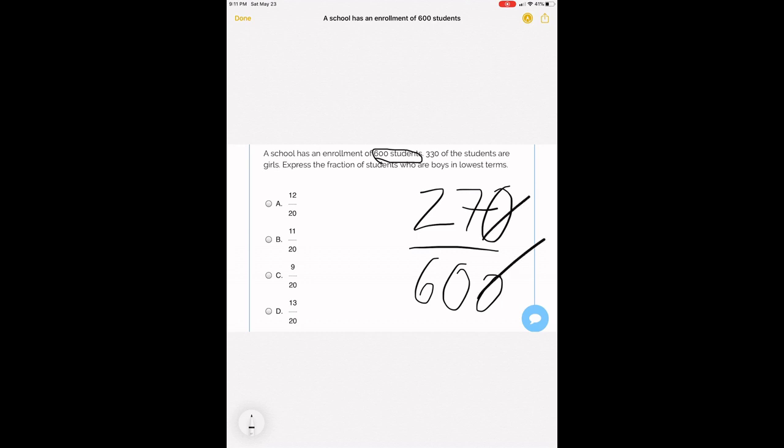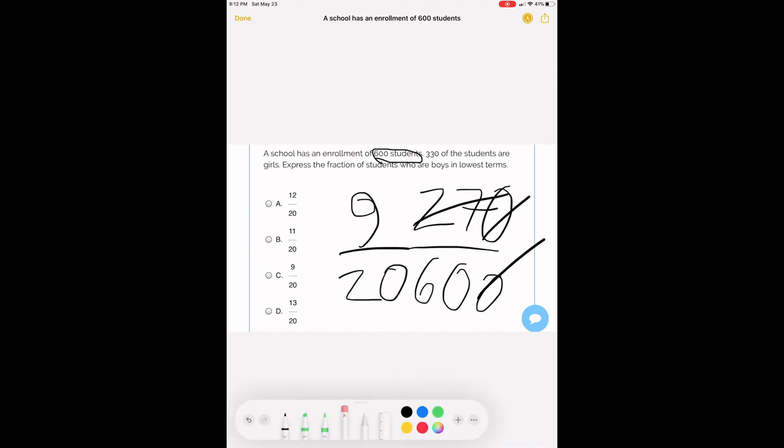So we got a new fraction, 27 over 60. Okay, and now what we gotta do is find all the numbers that can divide both 27 and 60. We found out that it's 3 for sure. Look, 27 divided by 3 equals 9, and 60 divided by 3 equals 20. We got it now, guys.